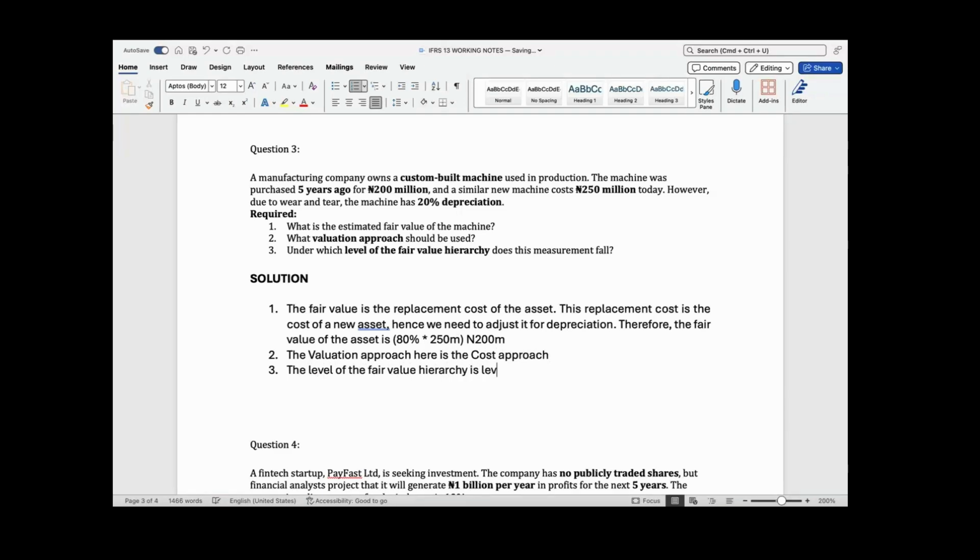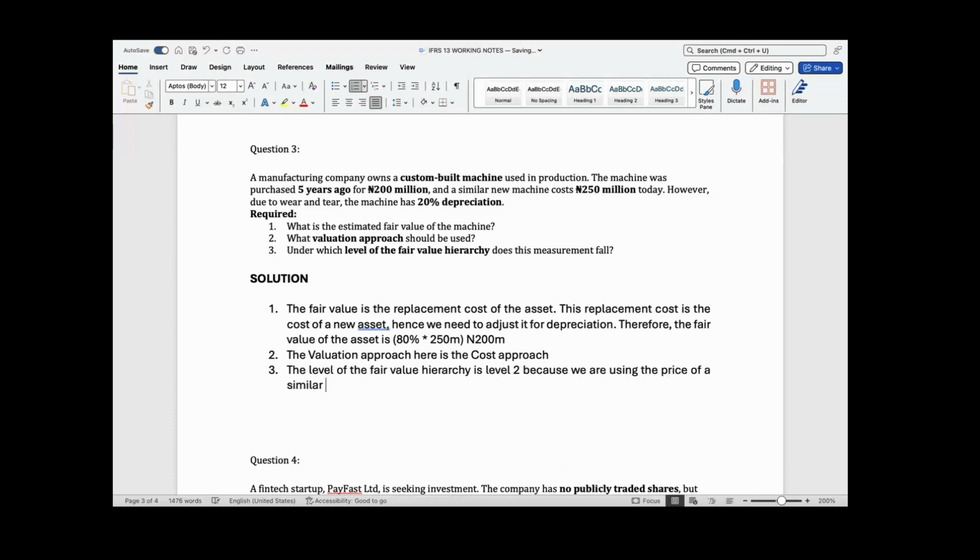Why level 2 now? Because we made some adjustments, sir, towards the price. Yes, exactly. And also we're using the price of similar assets. And also we made adjustments to that price. Okay.